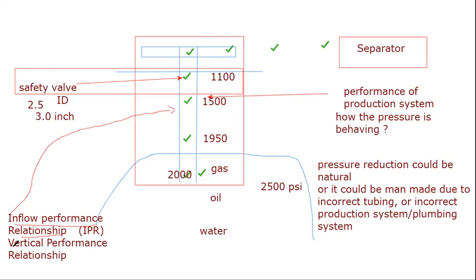Then we have another term, and we'll talk about both of them, the vertical performance one. This vertical performance relationship is talking about the reservoir performance. Okay, so I can write here: vertical performance is related to the reservoir, and inflow performance is related to the plumbing system or production system.